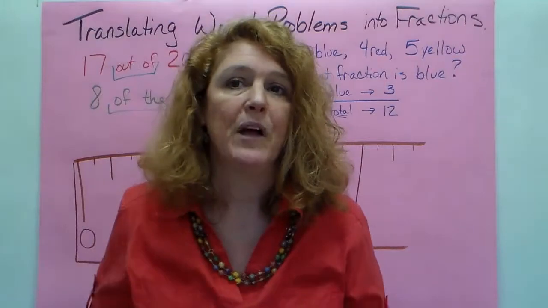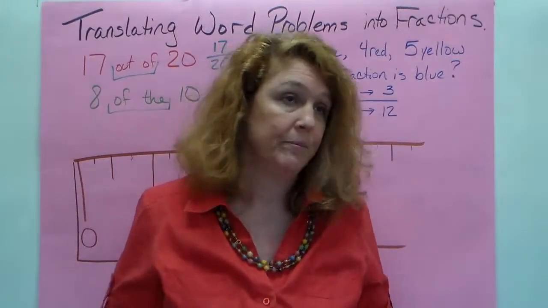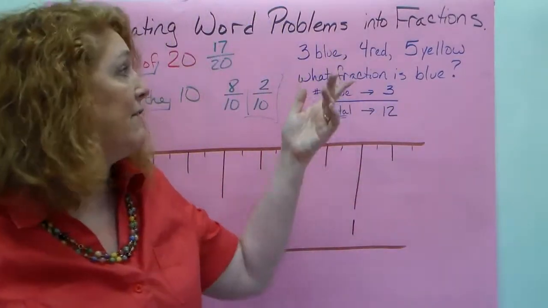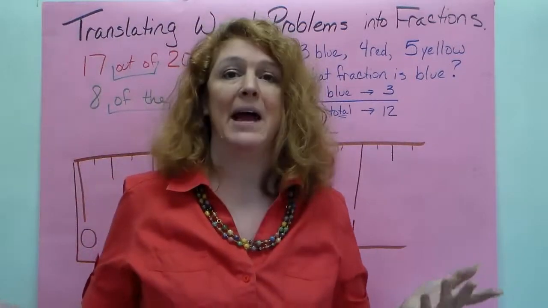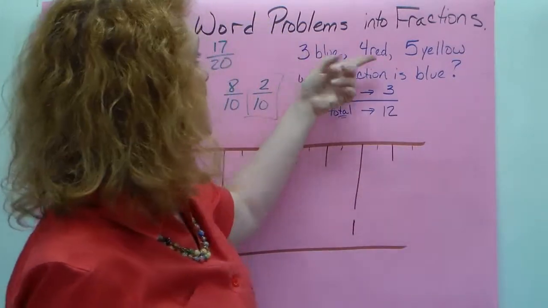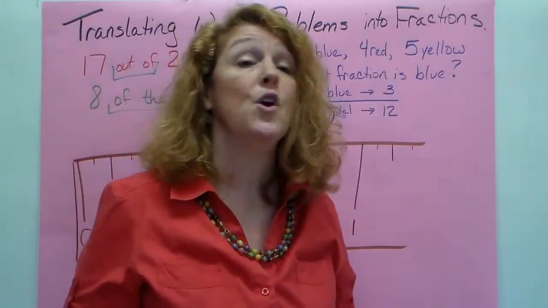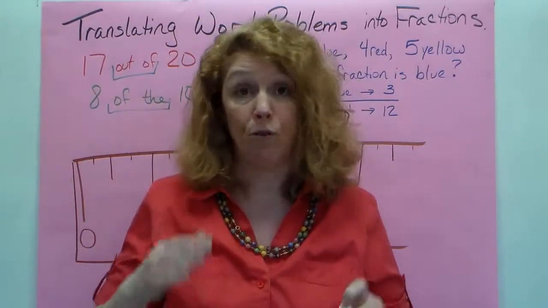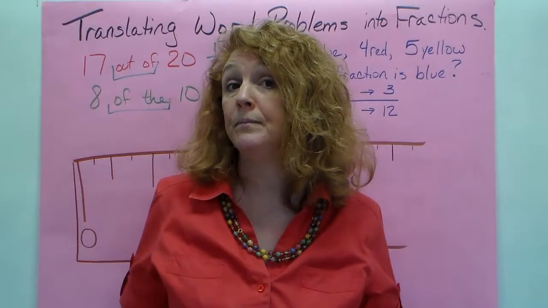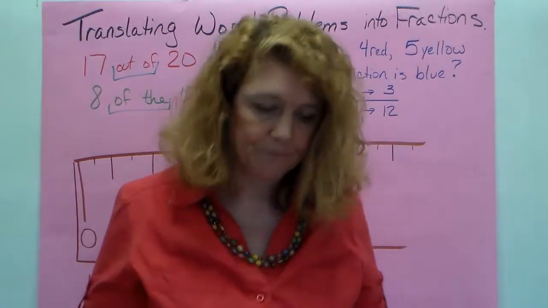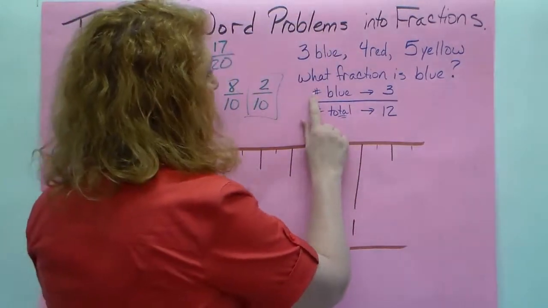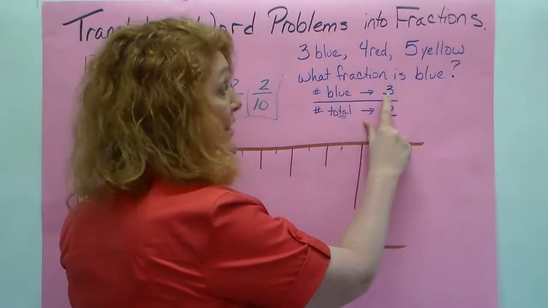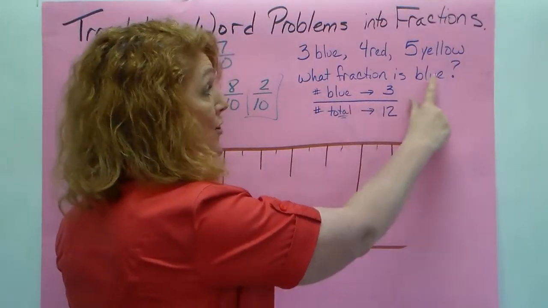Then they start to play a little. So here's an example. I've got marbles in a bag, and I've got 3 blue marbles and 4 red marbles and 5 yellow marbles. And the question is, what fraction of those marbles is blue? So you know that the number of blue marbles is the numerator, because they say what fraction is blue.